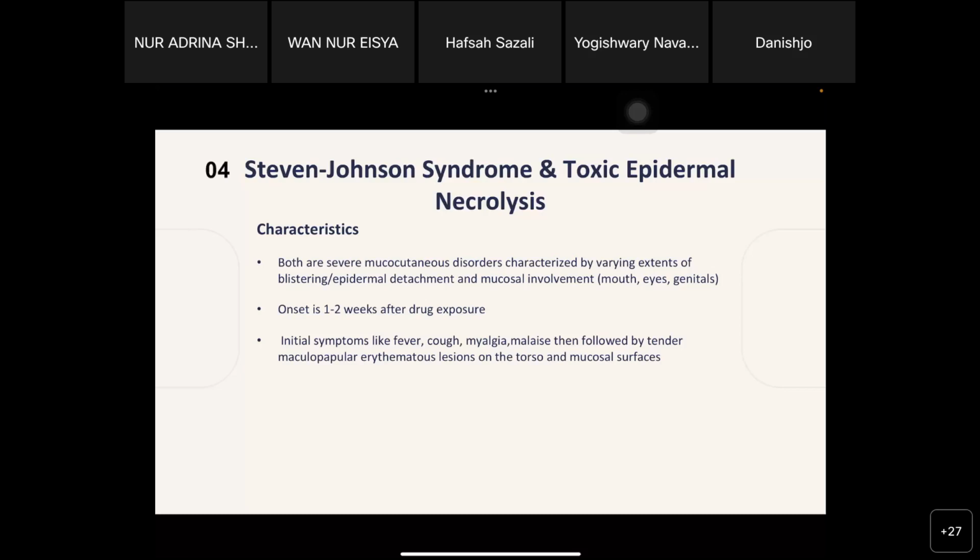It can be very mild at the beginning, but it can progress with a more widespread eruption. They then develop tenderness and blister formation. The tenderness, blister formation and mucosal involvement are the features you should look for to suspect toxic epidermal necrolysis.